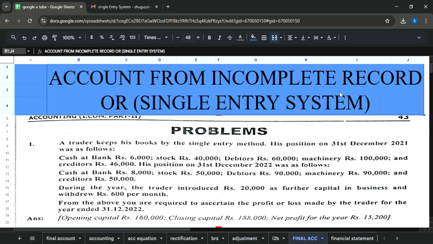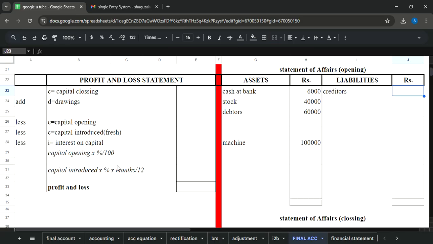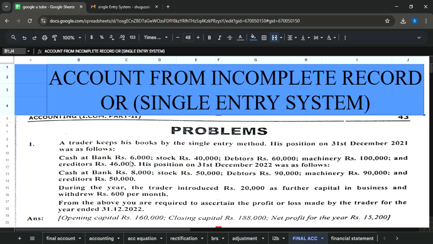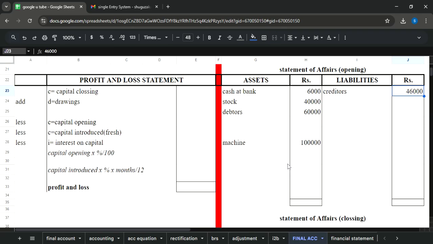The amount of creditors written over here is 46,000. So just write down 46,000 over here. Guys, you have seen that these were the items associated with 2021. All amounts are entered. It means there is no need to bother about this side. Statement of affairs opening is completed.